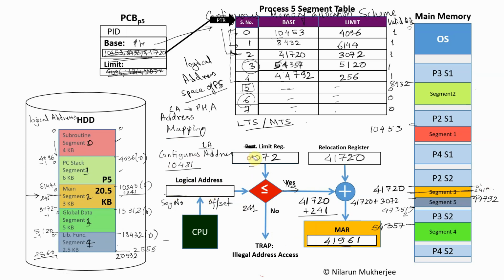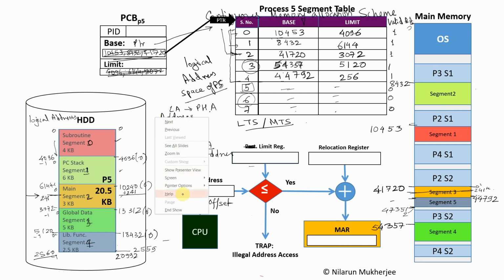Now if it generates another address, let's go for another example. It generates now an address, segment 1 and suppose offset 537.